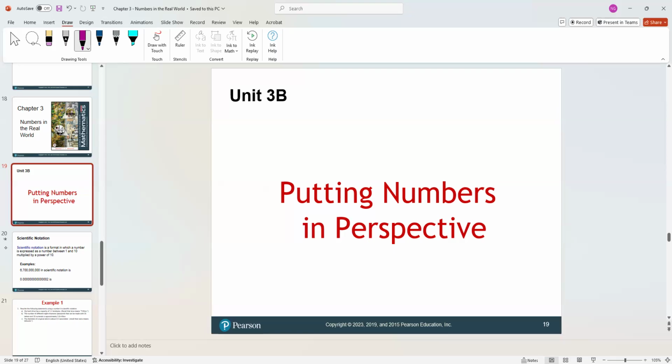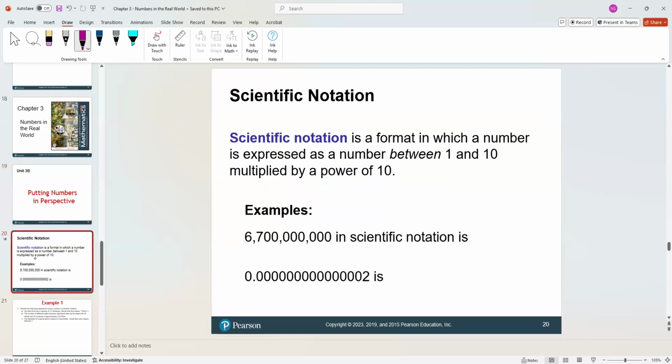Working with large numbers or small numbers is much easier when we write them in a special format that we call scientific notation, right? Scientific notation is a format in which a number is expressed as a number between 1 and 10, multiplied by 10 to some power.